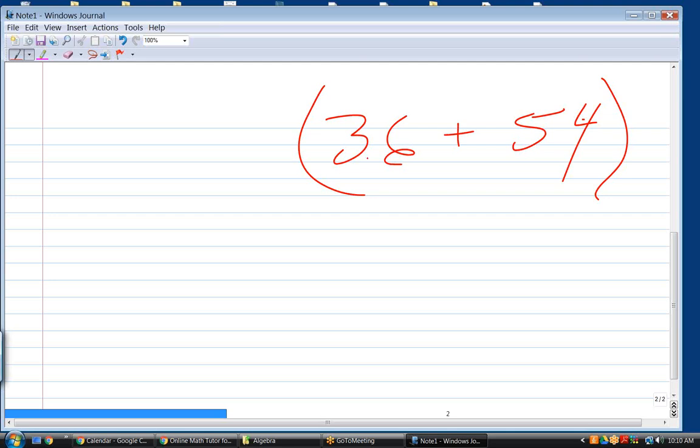Clearly, it's not 36. In other words, 36 would divide into 36, but it would not divide evenly into 54. Okay, so what I would do is next try half of 36. In other words, we have to have a number that divides into 36 and also 54.